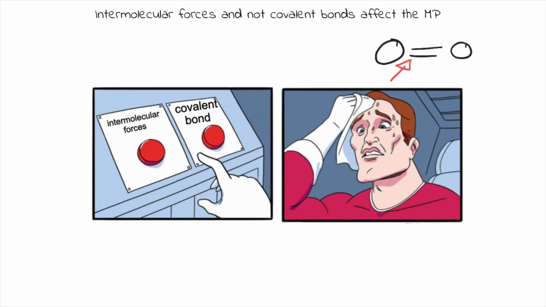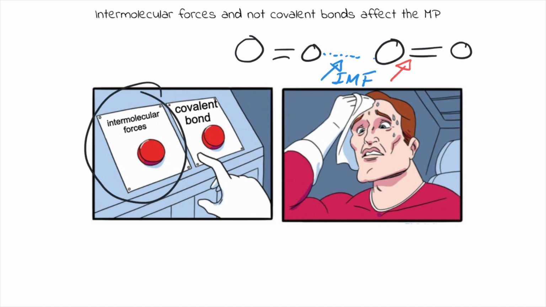However, oxygen molecules are attached together via what we call intermolecular forces. So the forces between two oxygen molecules is what we call IMF, for intermolecular forces. Those are the ones responsible for the low melting point and low boiling point of nonmetals. So the melting and boiling points of nonmetals have nothing to do with the covalent bonds.